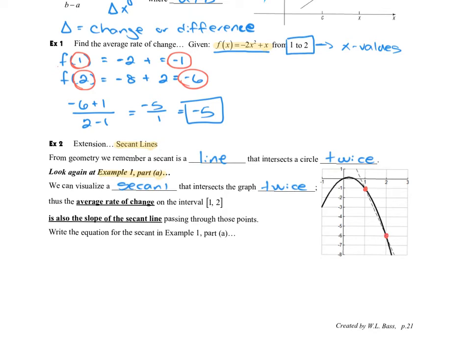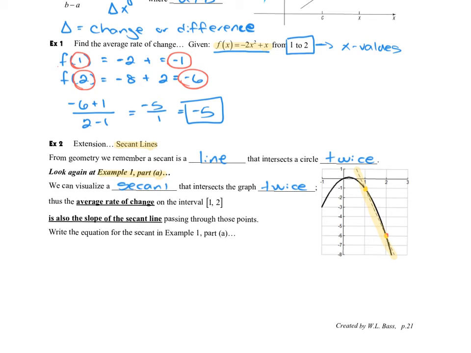And then I have graphed in for you the line through those 2 points. And what you can see is that line does in fact go through my graph in those 2 places, and it has a slope of -5.